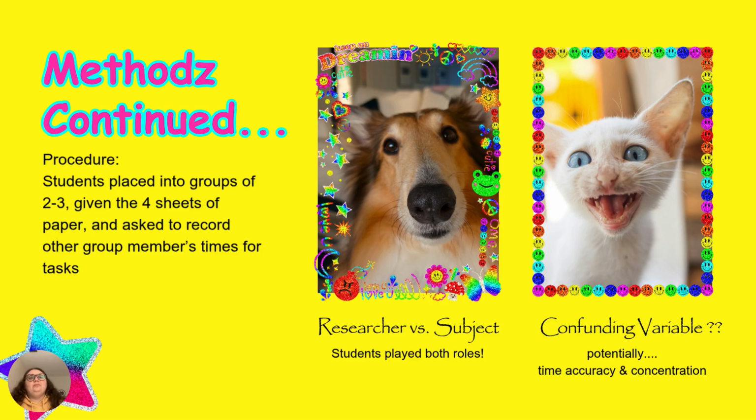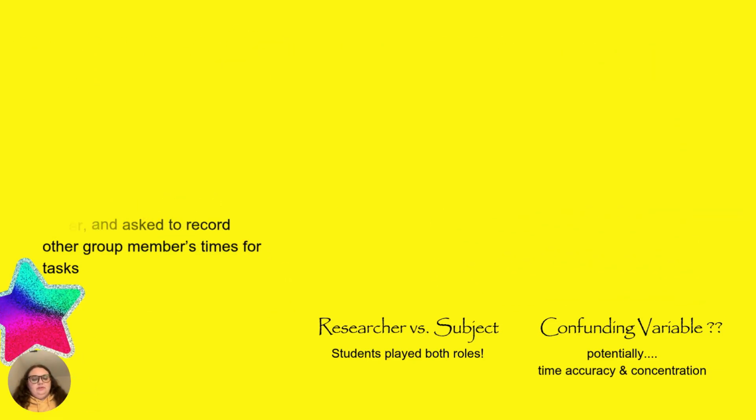And the major confounding variable is that the first researcher had a better understanding of the task at hand than the first subject, because they got to see the task play out before actually having to do it themselves. So those are the 3 major confounding variables.